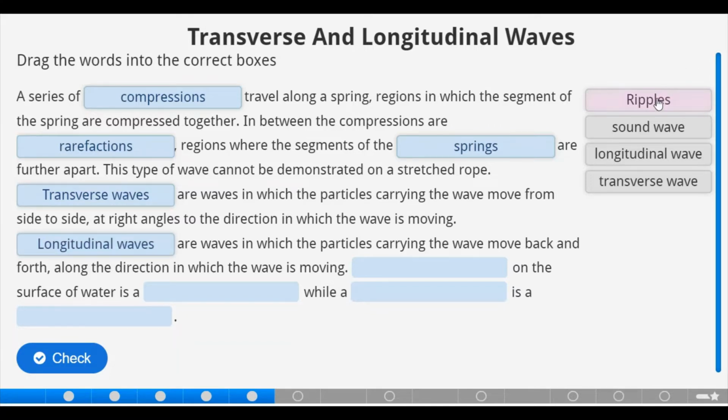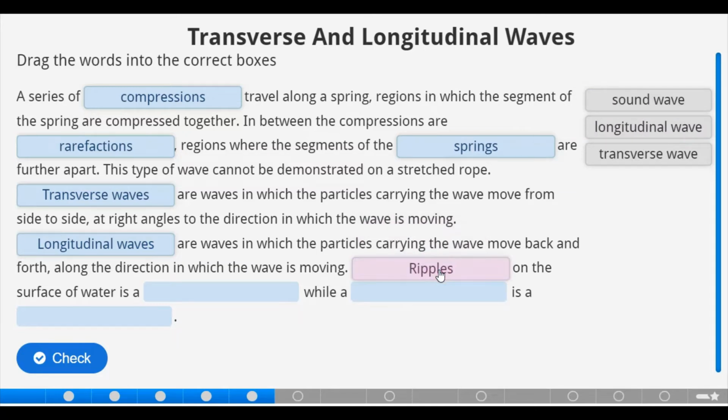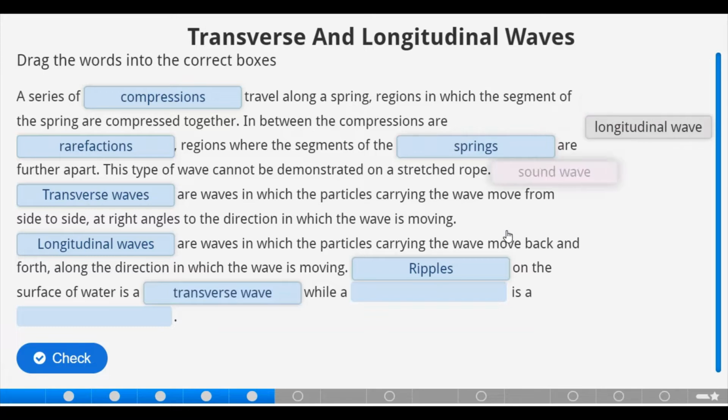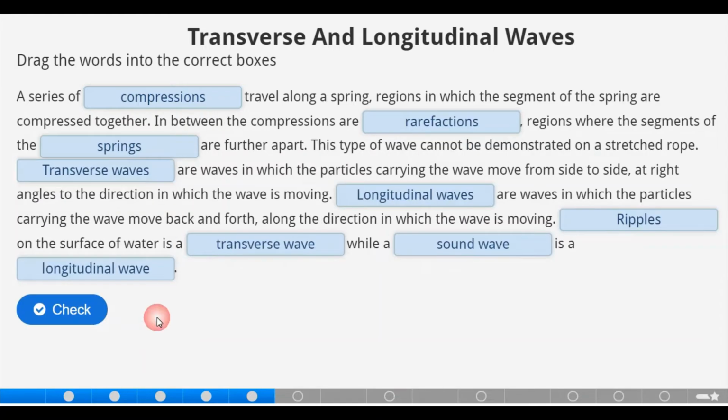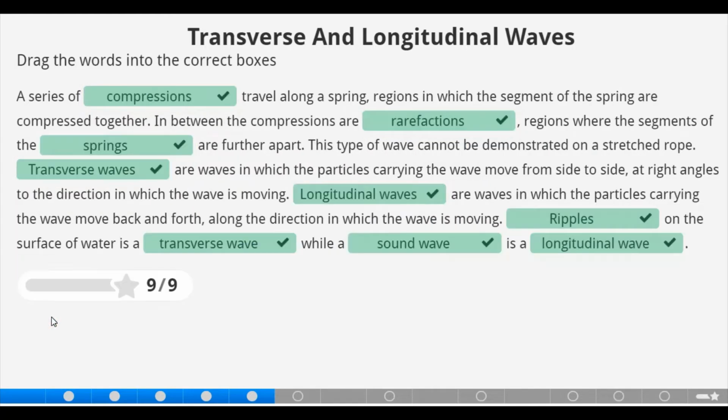Ripples on the surface of water are a transverse wave, while a sound wave is a longitudinal wave. So we confirm and check. That's correct.